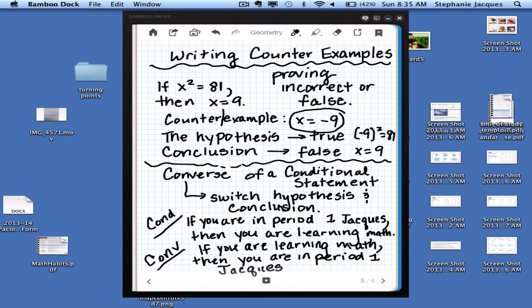Well, for our class, that's definitely true. However, if it's applied to our school, if we were saying that to our school, if you are learning math, then you are in period 1 Jake's. That is not always true. So when you do the converse, it may change the validity of the statement. So not always true.